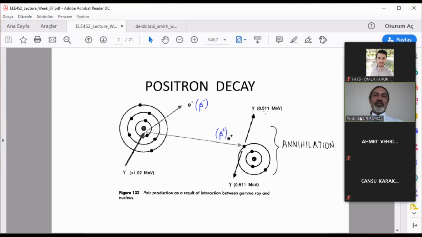That energy is represented by two oppositely traveling photons. Each has 0.511 mega electron volts or 511 kilo electron volts. Okay, so that's the trick about positron.